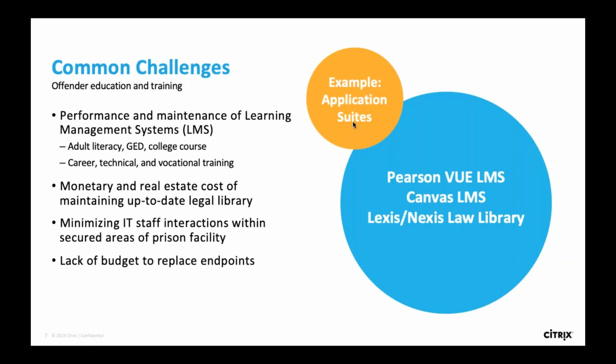So whether it's performance and maintenance of your LMS, so adult literacy, GED, college courses, etc. A lot of the things that we see out there being like a LexisNexis or case law libraries, etc., that offenders need access to for whether it's doing research into their own case or continuing education for rehabilitation.